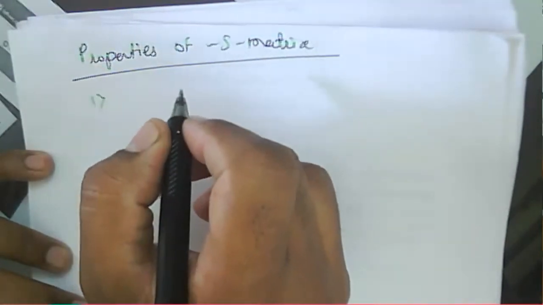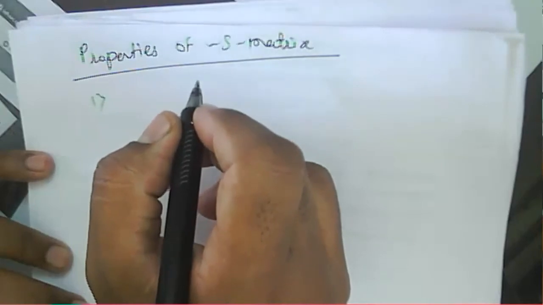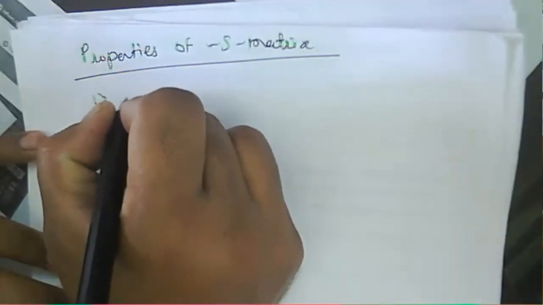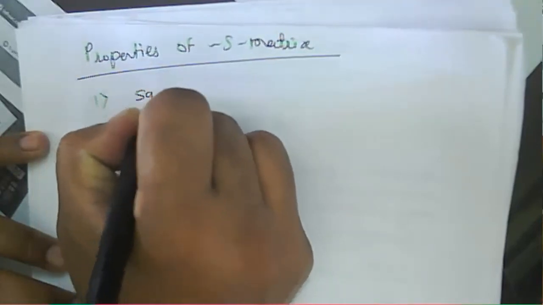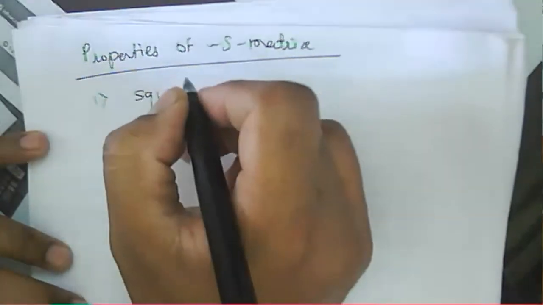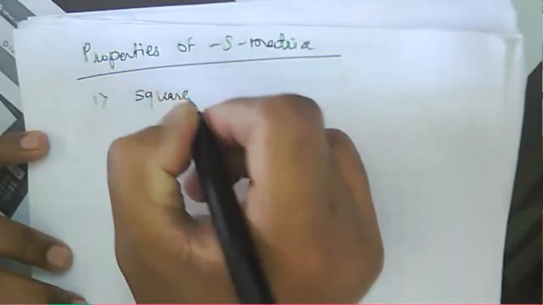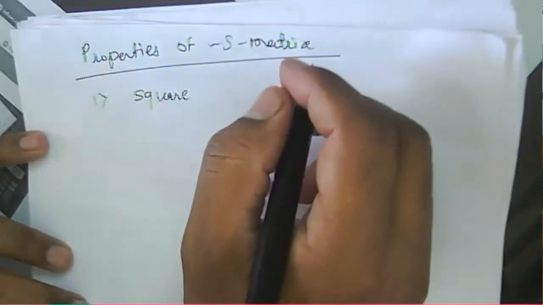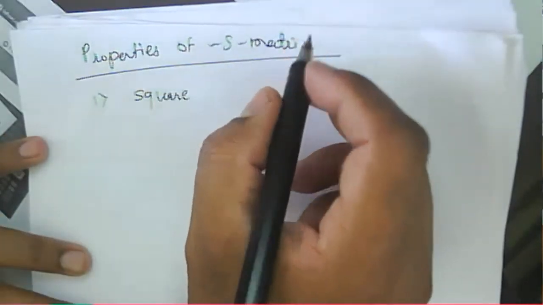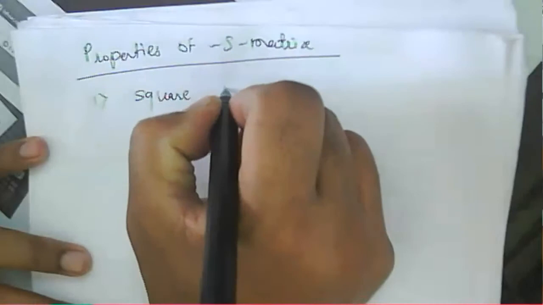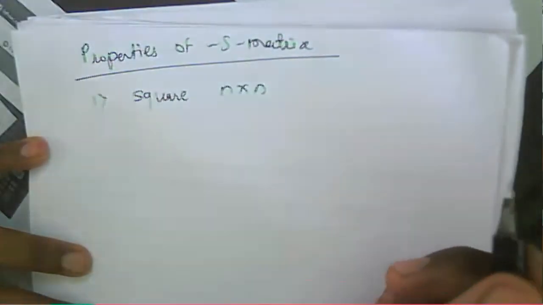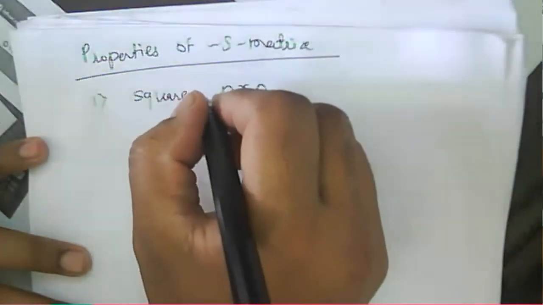We can find an incident component and a reflected component. Whatever the matrix is, it is always a square one, meaning the order will be n by n.